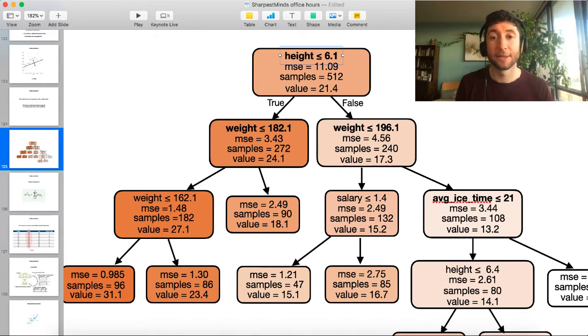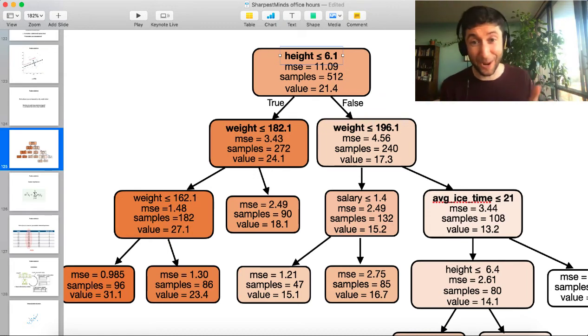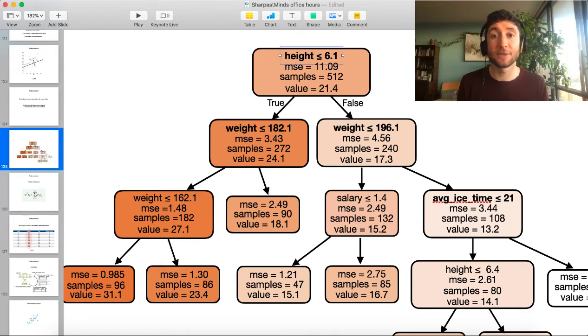This might sound kind of stupid, because it implies that what decision trees are doing is brute force trial and error. And amazingly, that's exactly how decision trees are built. In this case, we have 512 hockey players and 10 different columns, so 10 different features.